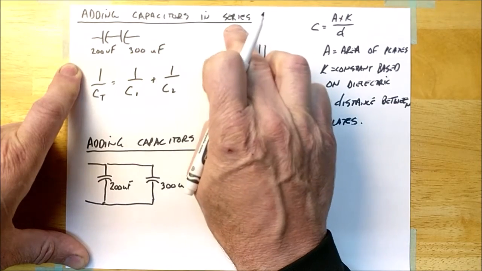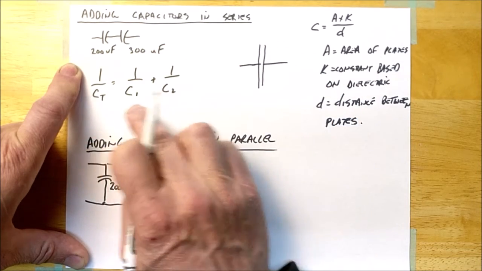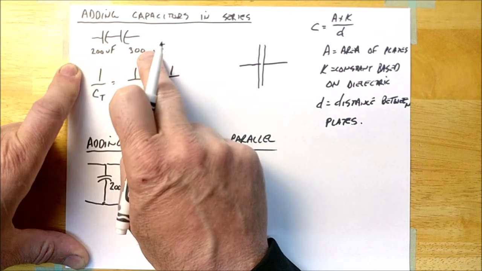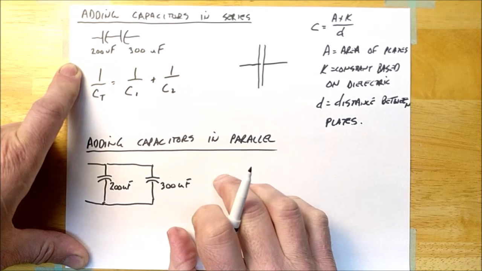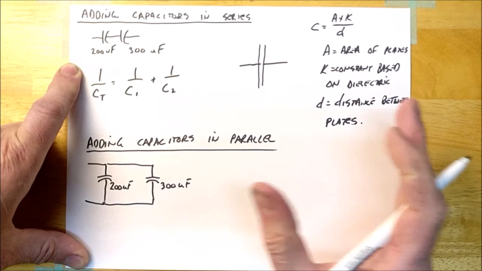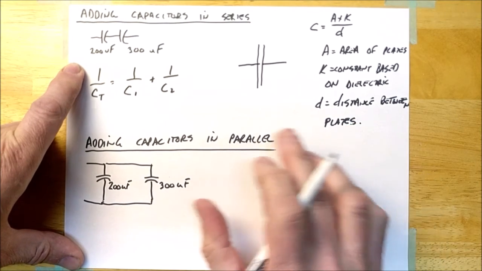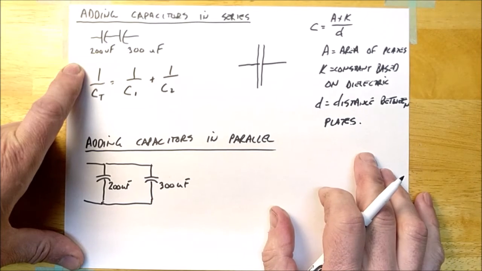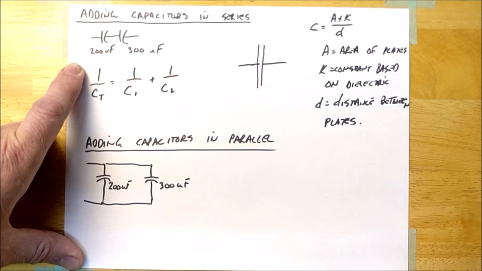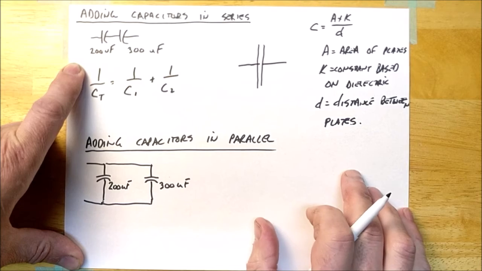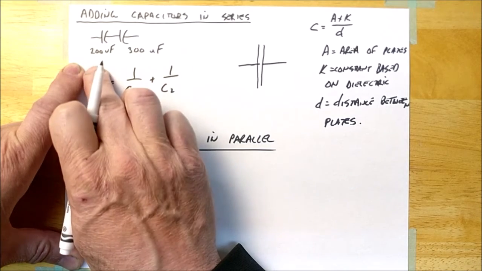When we're talking about capacitors, we use the reciprocal formula to calculate the total capacitance when we have capacitors in series. Okay, so it's exactly the opposite of resistors, and you're going to notice going forward that capacitors are always the opposite of everything. If you do something with one, you're going to do the opposite with capacitors. So this is the formula that we would have to use.